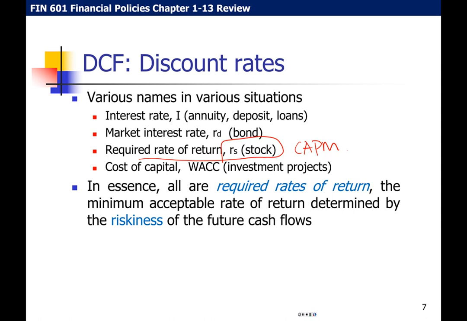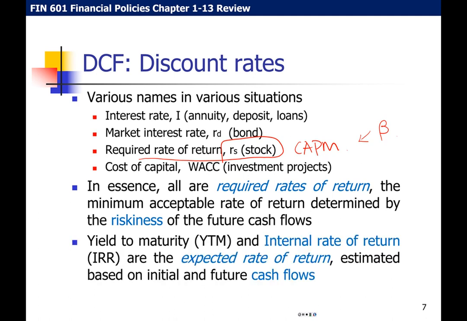We can use CAPM to find the required rate of return. Okay, and CAPM, remember, one important component of CAPM is beta, which is the market risk of the stock. Okay, so that's required rate of return.